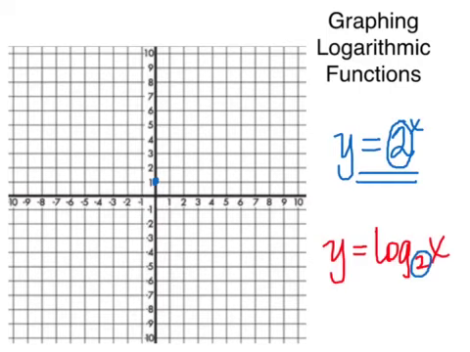And then on the left side, it went through (-1, 1/2). And on the right side, it went (1, 2), and then (2, 4), and then (3, 8). And that's about all we could fit on these graphs.